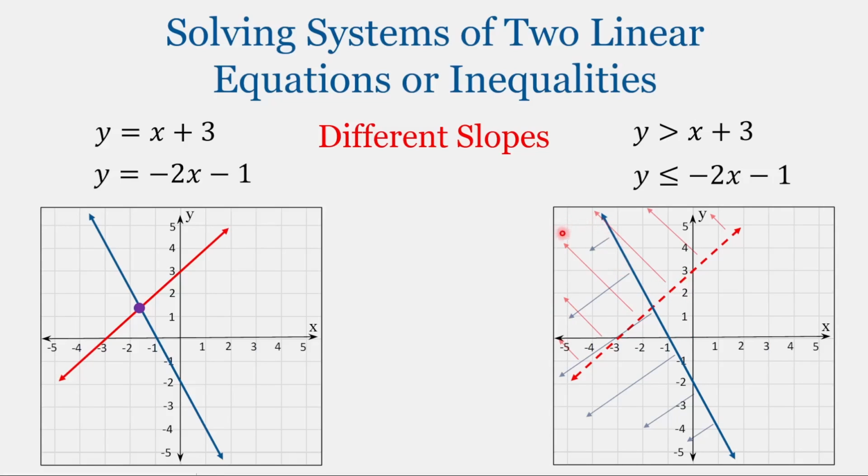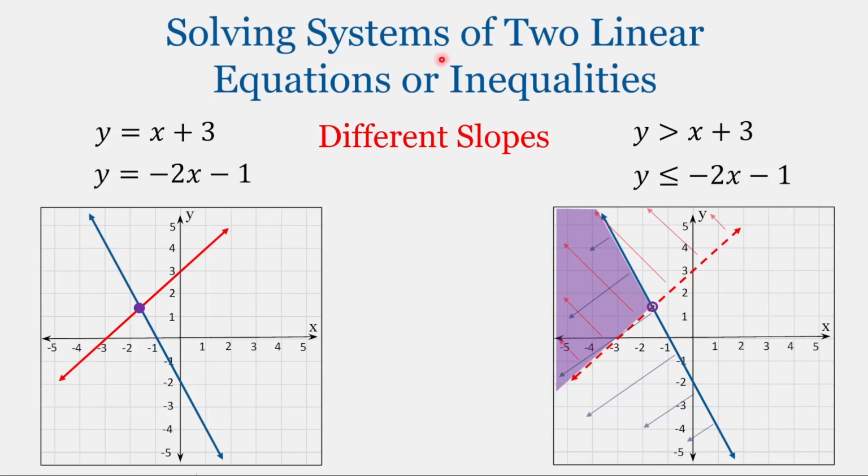That one region where everything overlaps, that is the solution to this system of inequalities. And in this case, for this specific example, where these two boundary lines intersect, that's not a part of the solution because that point is not on the first inequality, which was y greater than. And so they do not have that point in common.